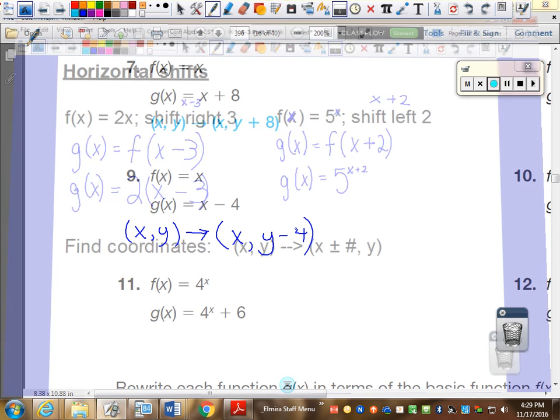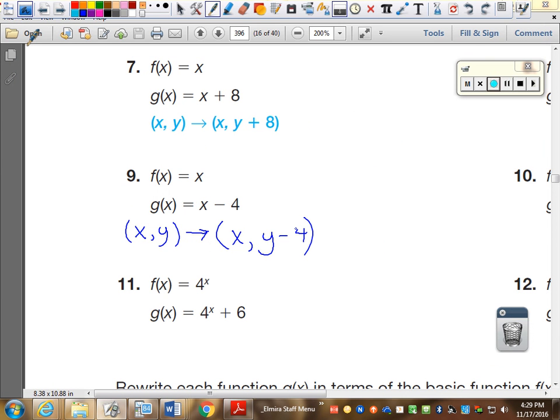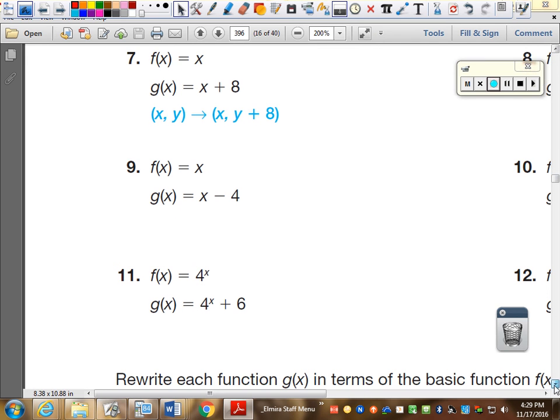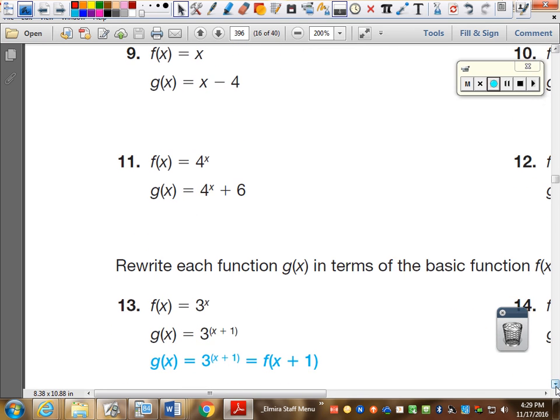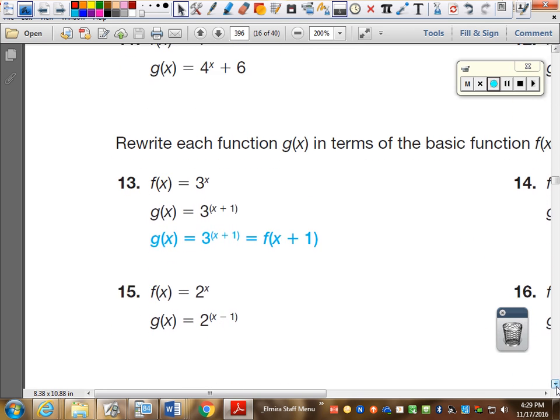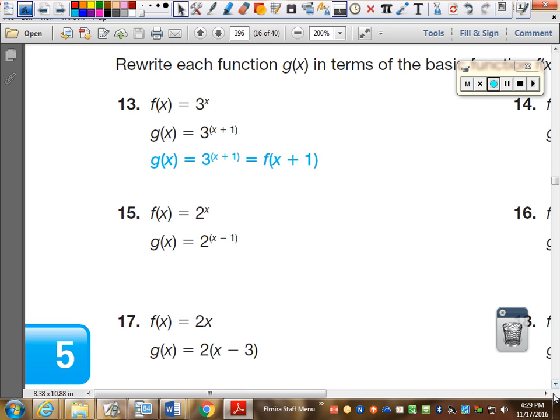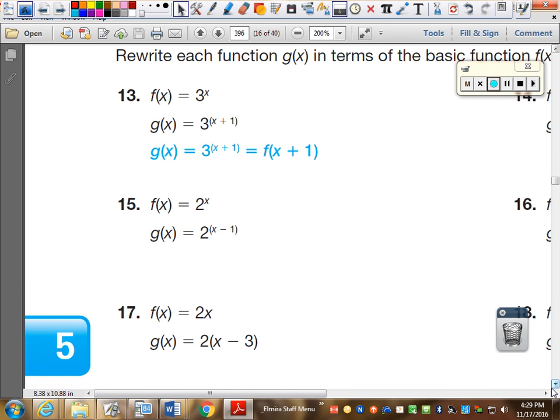So if we go to the homework, scroll down. Okay. Guys, I'm not looking at you writing this part right here. It is a duplicate of what's already there.